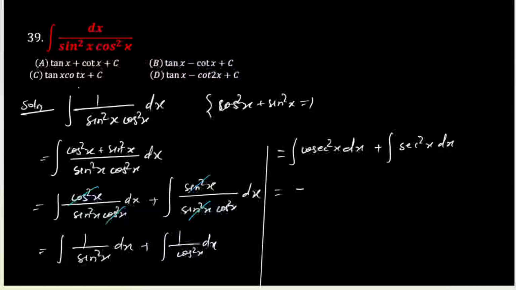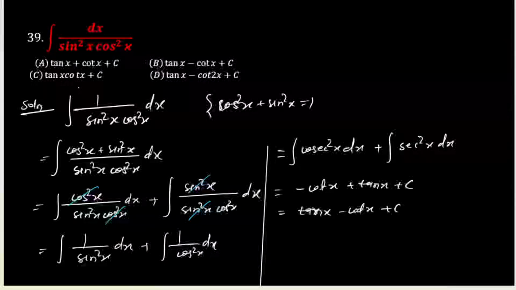And we know that the integral of cosec x is log tan x by 2 plus c, and the integral of sec x is log of sec x plus tan x plus c. So the correct option will be the combination of these two terms plus c. So the correct answer will be C. C is the correct answer.